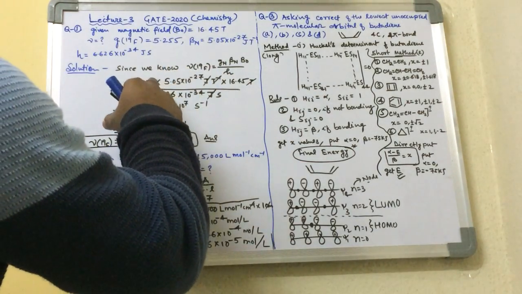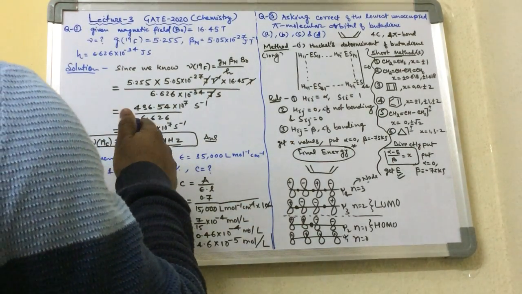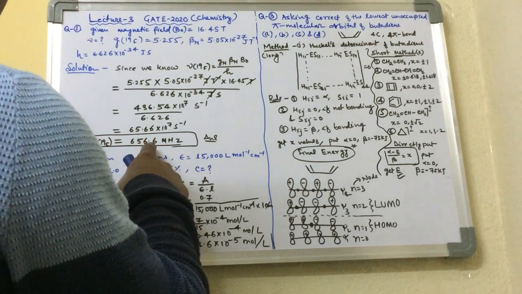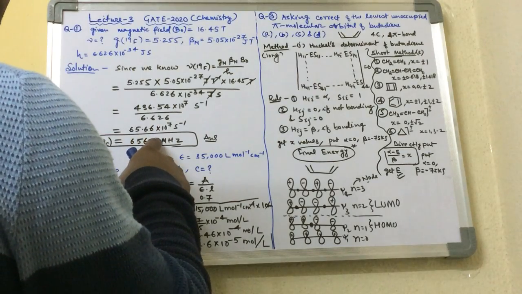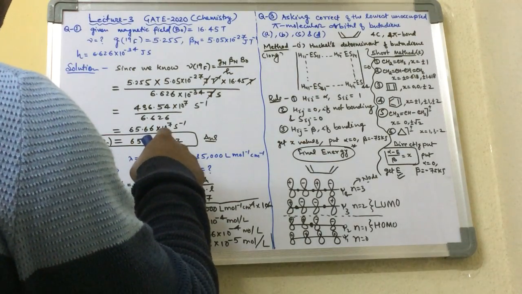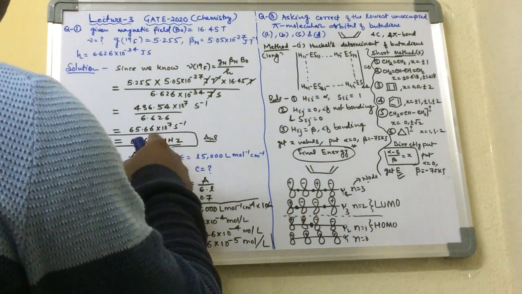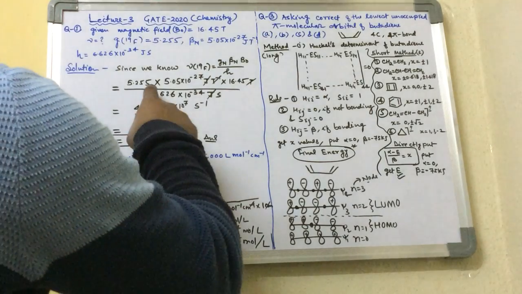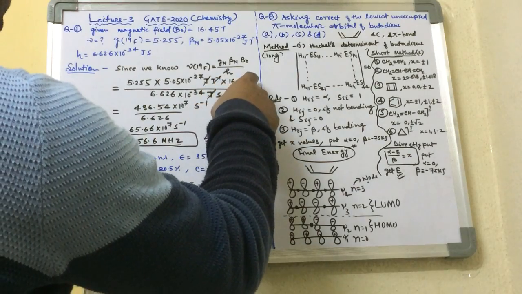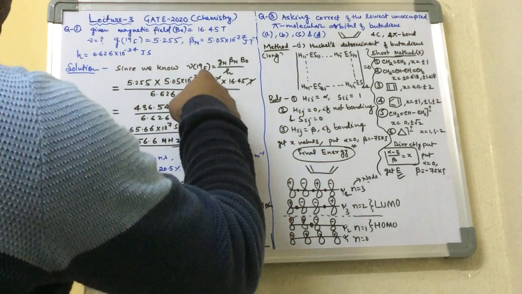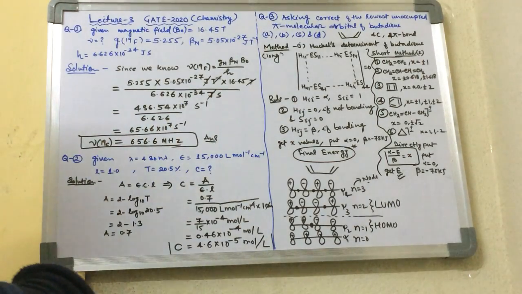After putting all these values we get this value, and convert this value into 10 to the power 6, which is called mega. So this is finally converted into megahertz. So we put all these values, and this Tesla inverse cancels out with this Tesla, and joule cancels out. So with simple calculation we can get this value.